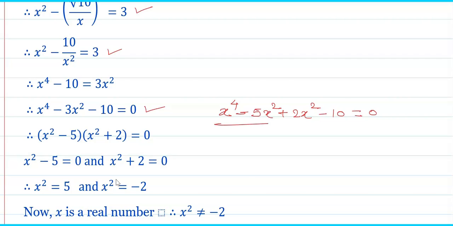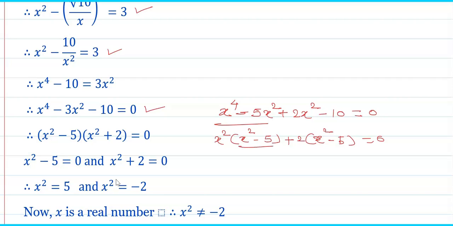Again, taking common from both, we get x squared in bracket x squared minus 5, plus 2 in bracket x squared minus 5, is equal to 0.